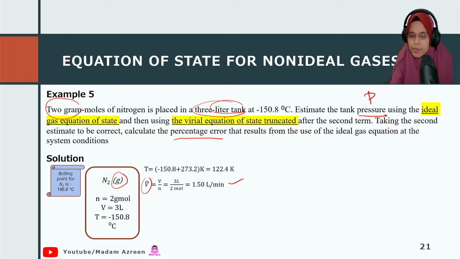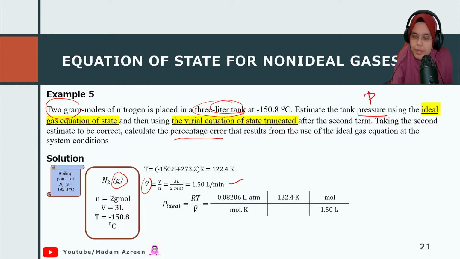And then you can get the value of P. This value is when you use PV equal to nRT.